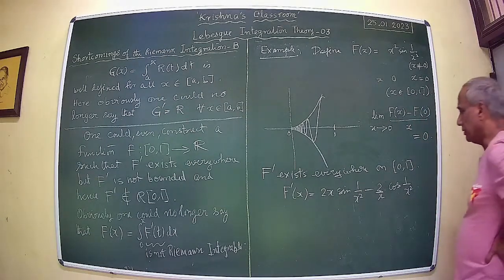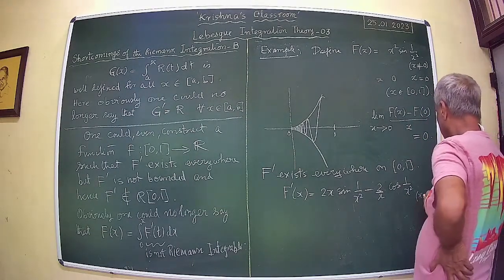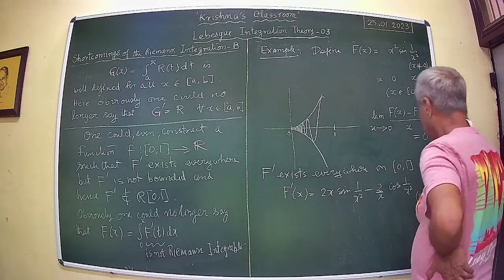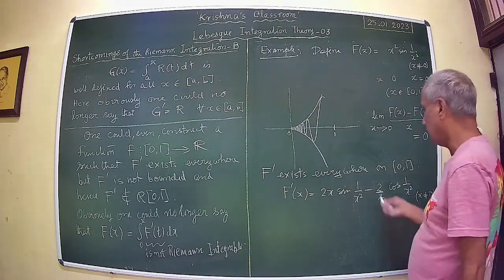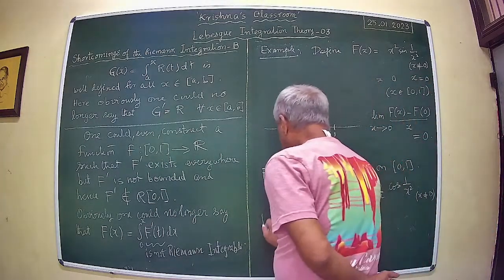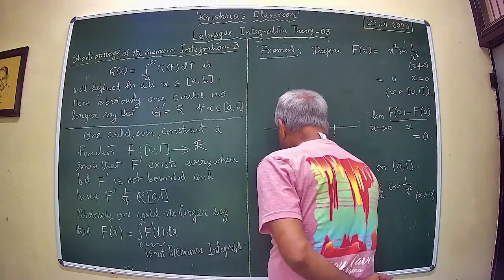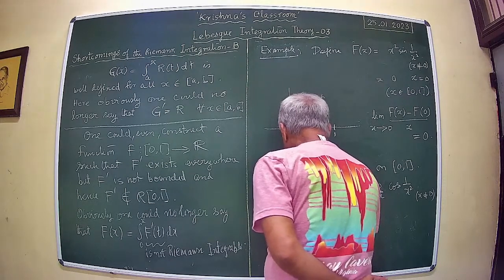This is the derivative that you have at x not equal to 0. And you see that this becomes unbounded in the neighborhood of 0, though the derivative exists everywhere.